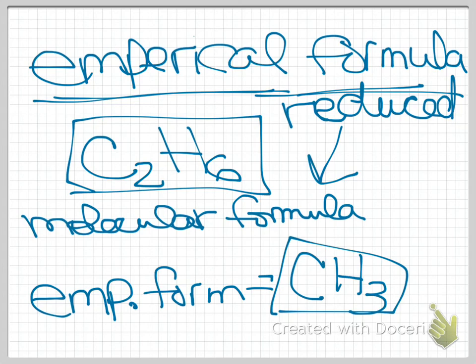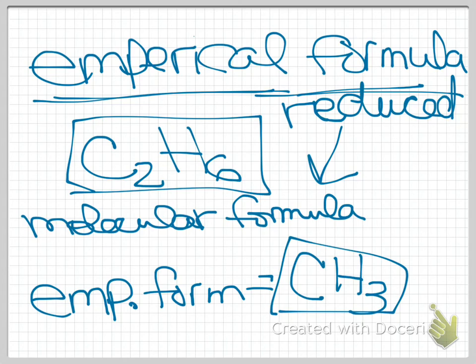If you know the empirical formula, you can oftentimes identify what the substance is. So that's why you would need to know that. In our case, that's all we're going to do for right now. Later on, we're going to learn how to write and find empirical formulas. But if you know the empirical formula and you know the molecular weight, you can find the molecular formula.